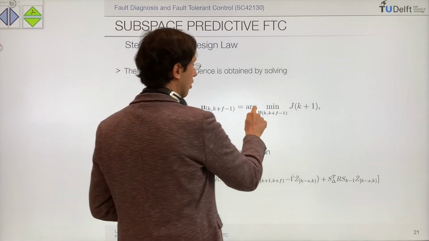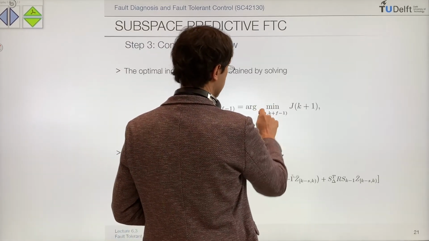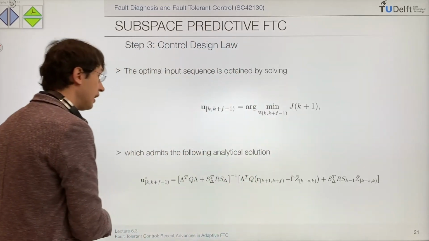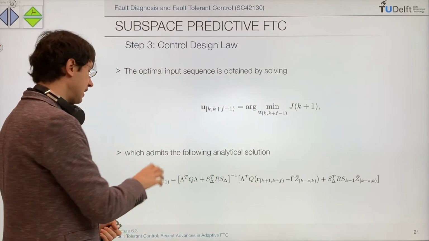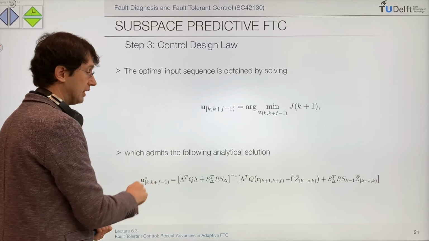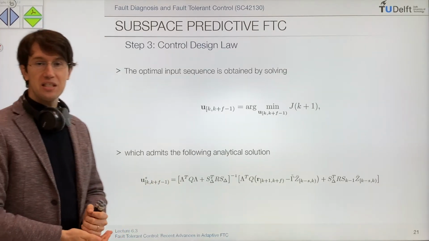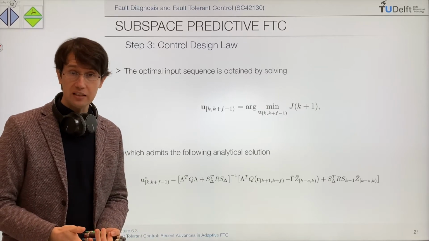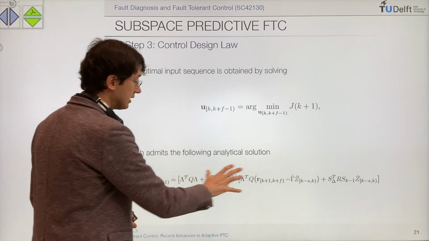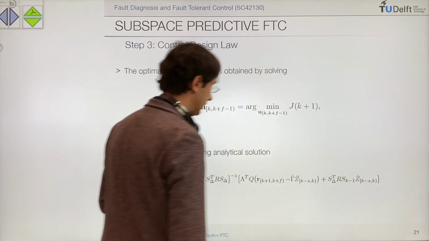Over what? Over all the possible sequences of future inputs. And this problem has a closed form analytical solution. This is something that we can do because we have linear dynamics and we have no constraints. And so we can get this closed form analytical solution.